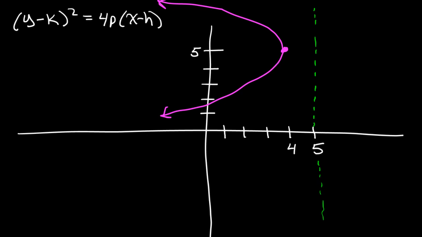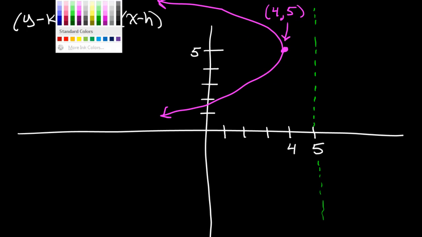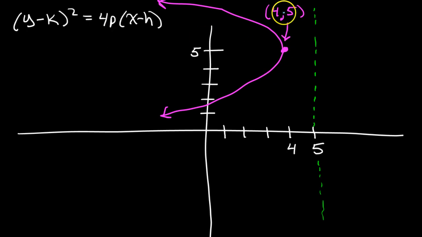And we already know the vertex. Okay, the vertex was (4, 5). That's the vertex right there. So that 4 and 5 is my h and my k. So I can use these to fill in the parentheses. Be careful, this equation is backwards in terms of the coordinates of the vertex.